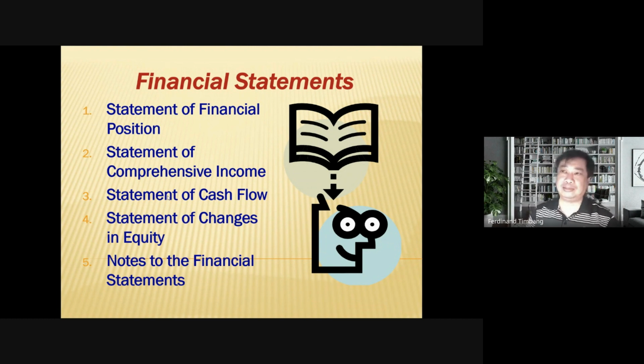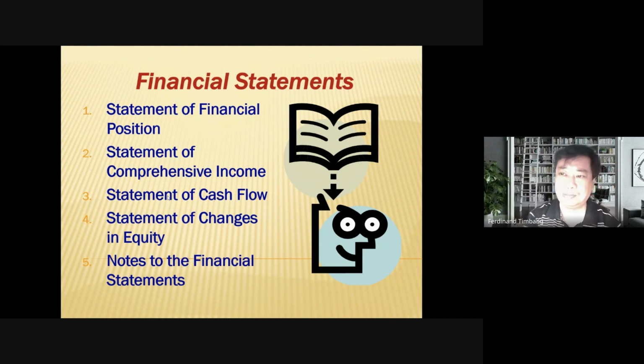But if the expenses are greater than the revenues, then it's a net loss. So it is important to know this net income or net loss so that you can decide, no, what to do with the company. Would you like to close it? Would you like to improve the company? No? So it's important to know the progress of the company.